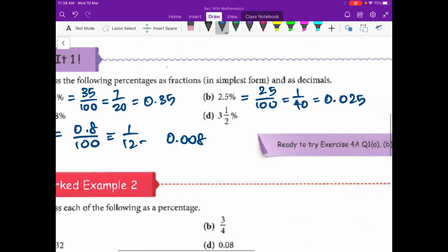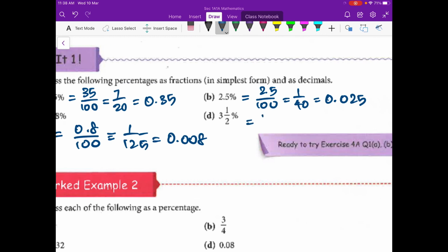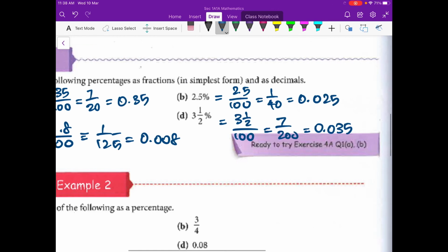Next, last one. Okay, so when I write the equal sign, it really means that they are the same thing. So when you see 3.5%, it is the same as 7 over 200. It is the same as 0.035.